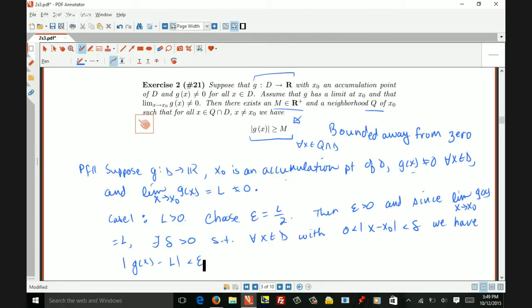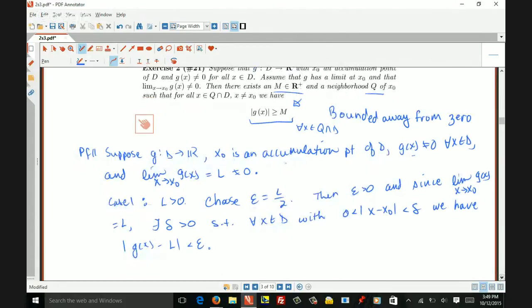Now we have to figure out what our capital M is going to be. So what do you think we should do? We need to get g of x all by itself. So apply the definition of absolute value.